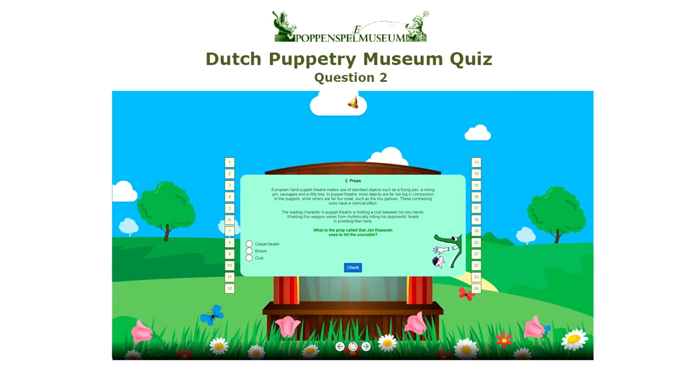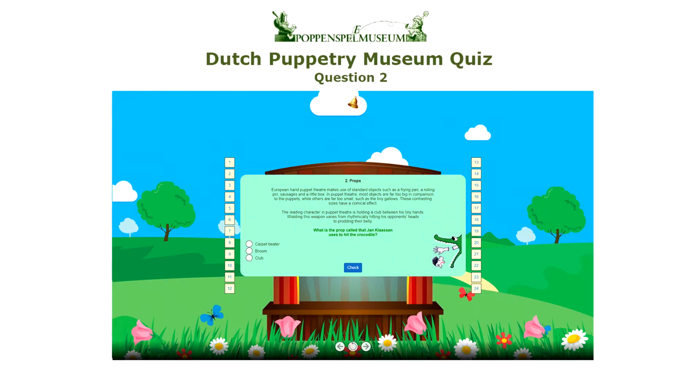Two. Props. European hand puppet theatre makes use of standard objects such as a frying pan, a rolling pin, sausages, and a little box. In puppet theatre, most objects are far too big in comparison to the puppets, while others are far too small, such as the tiny gallows. These contrasting sizes have a comical effect.